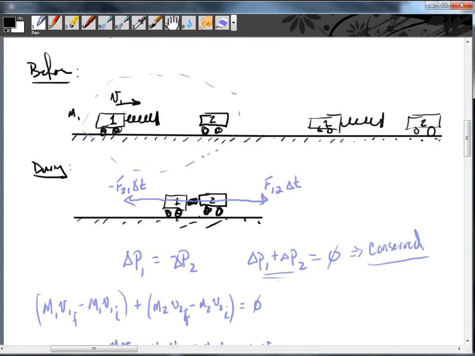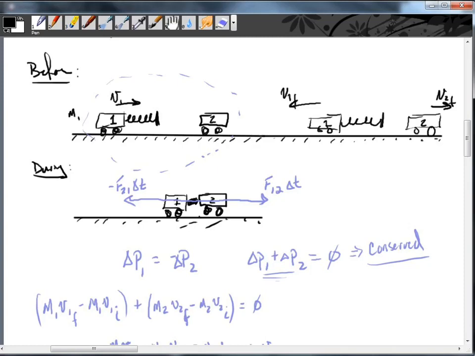So when 1 collides with 2, we've talked about impulse, right? Delta P is our impulse. So this has all the momentum right now. This has 0. When they collide, this is going to walk away with some momentum. 2 is going to have some momentum. Here's the after. It's going to have V2 final going away. 1 is going to have V1 final going the other direction.